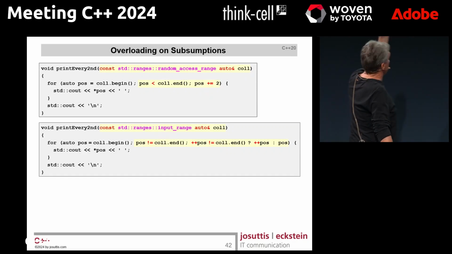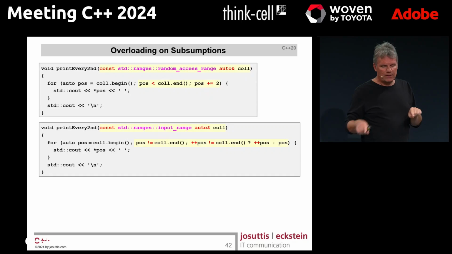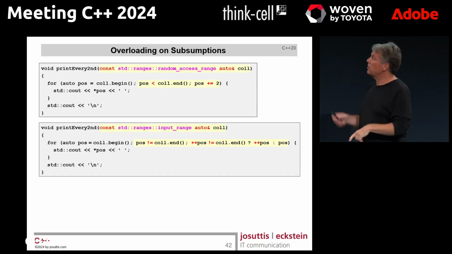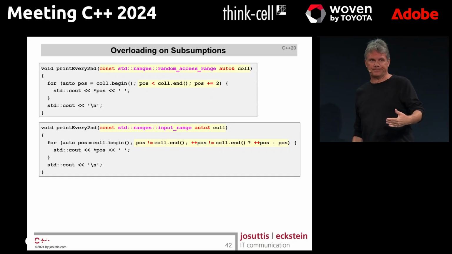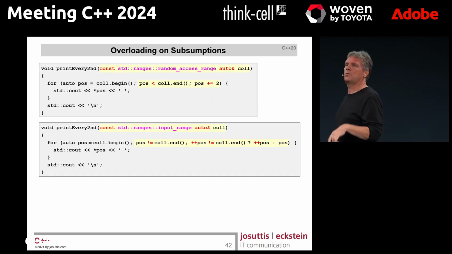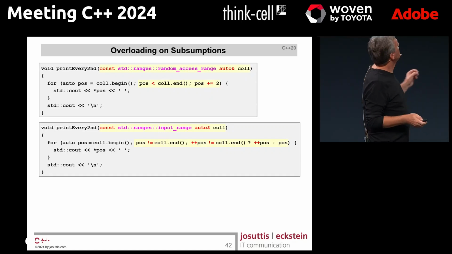We have to say, well, let's always compare against the end. And to get to the next value, we have to increment the iterator and then check, is it at the end? And if not, increment it again. That's what this code does. That works with all ranges.